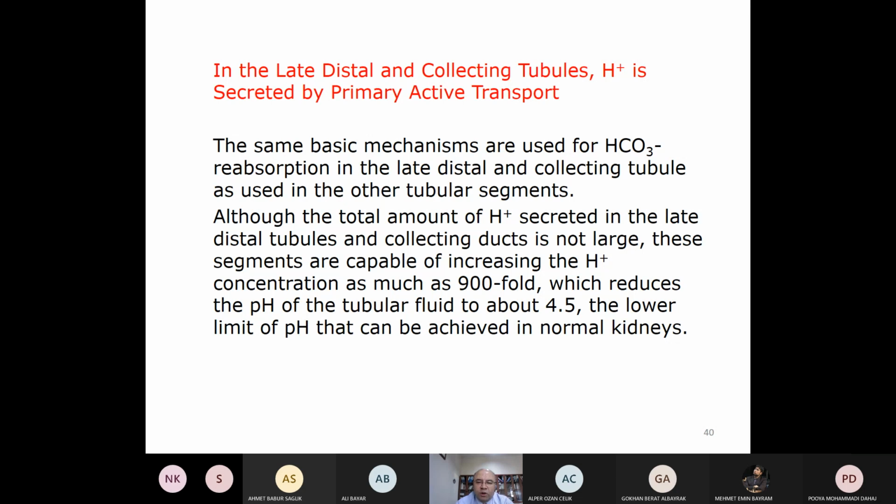These segments are capable of increasing hydrogen concentration as much as 900-fold, which reduces the pH of the tubular fluid to about 4.5. So not lower than this, because otherwise it will burn the urethra, okay? The urinary bladder epithelium.